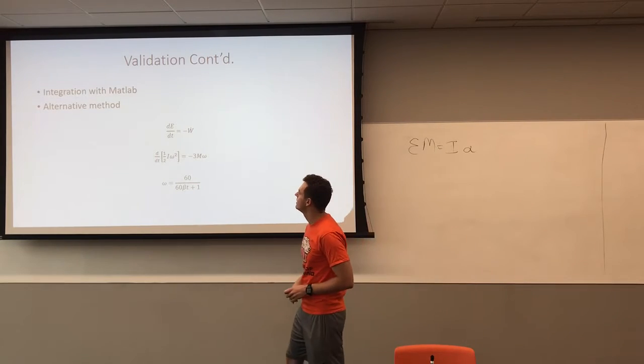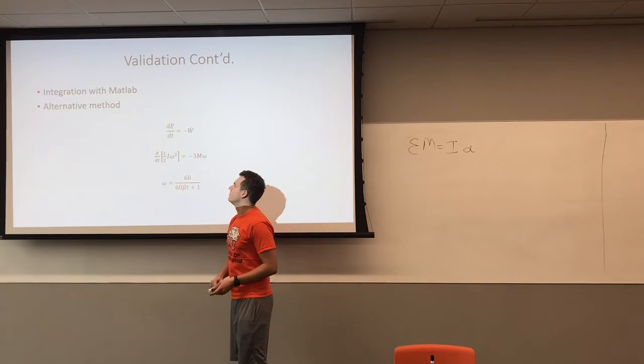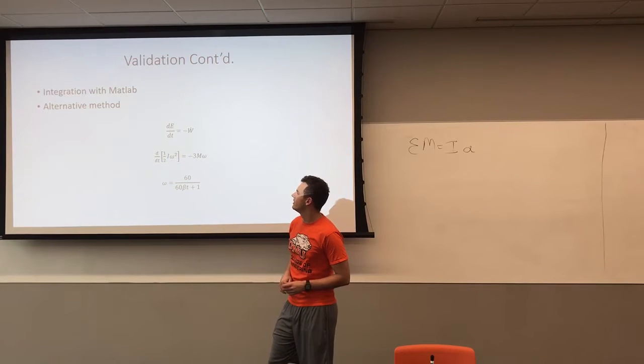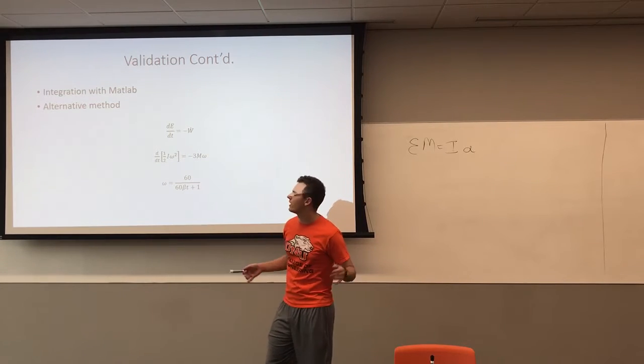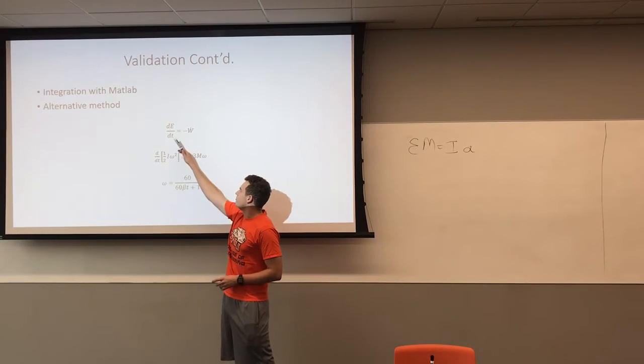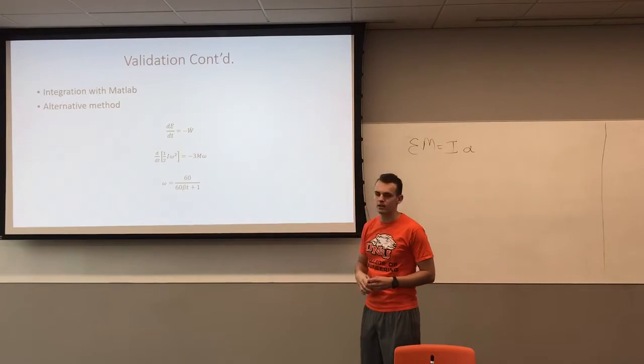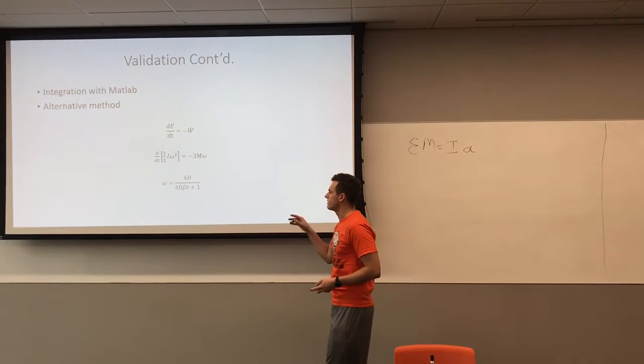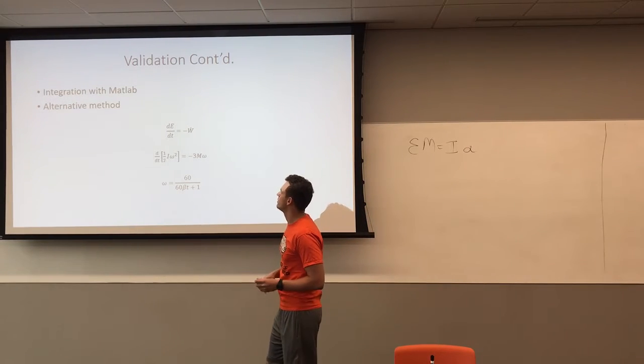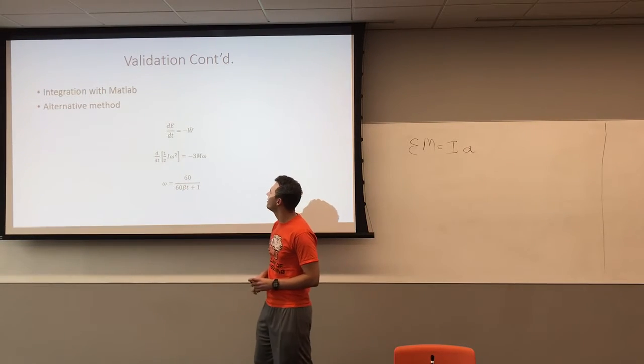The alternative method that I used to do my final validation was conservation of energy, which is the derivative of the energy with respect to time, so as energy changes over time. Because there's no heat transfer and there's no gain or loss of mass, we are neglecting those terms from that equation, so the only thing we have is the negative of power.